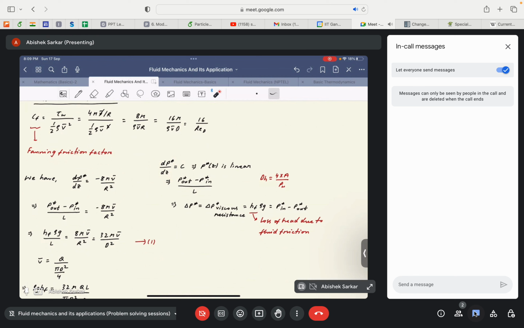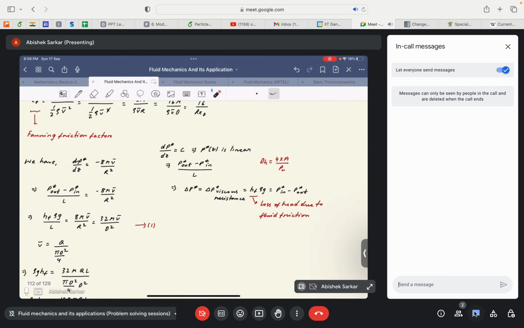So we can write this derivative also as P star out minus P star in divided by L, because the pressure varies linearly, so the approximation for the derivative is completely correct.